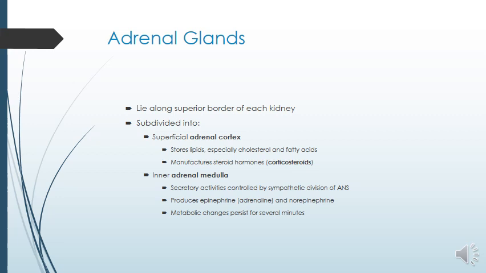The inner portion, which we're not going to be concerned with in the condition of congenital adrenal hyperplasia, is actually controlled by the sympathetic division of the autonomic nervous system and produces epinephrine and norepinephrine.